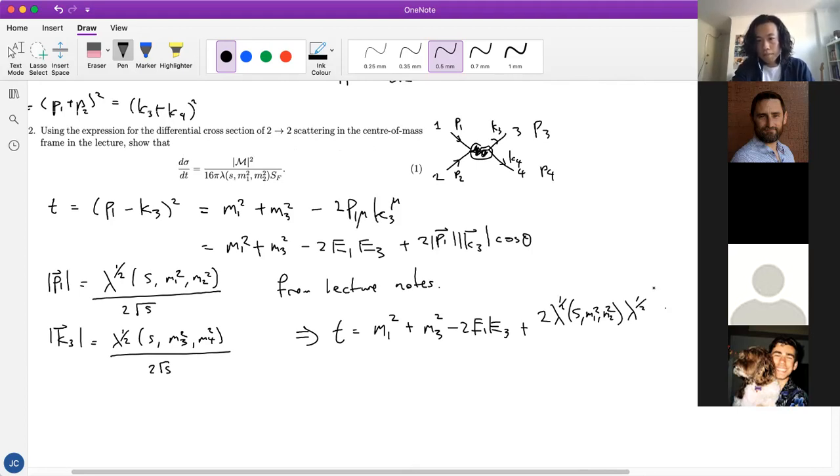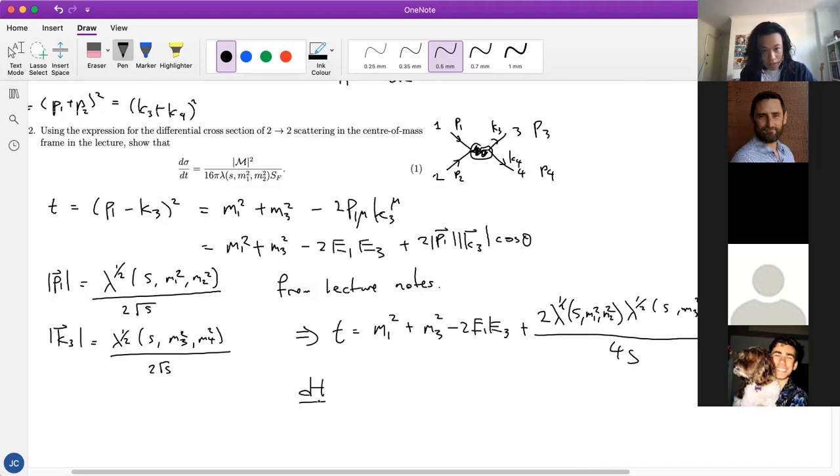Okay. M4 squared, and then cos theta, and then all divided by 4S. Okay, cool. So now we go back and then we take the derivative.